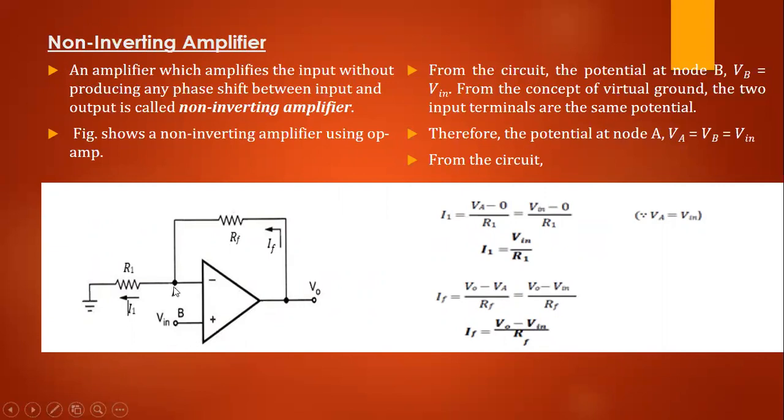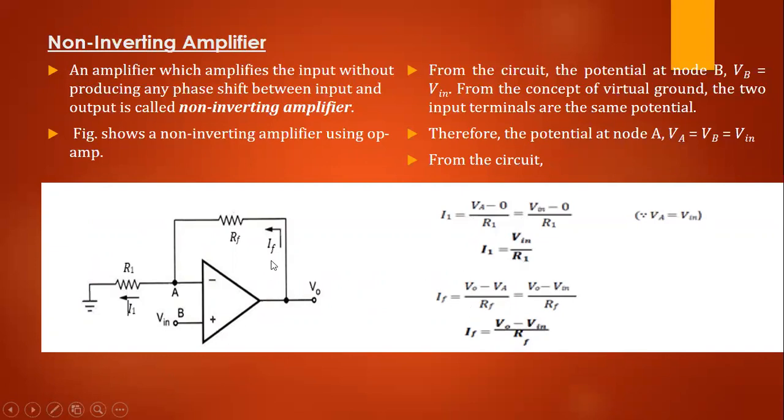Therefore, VA, the potential at node A, is equal to the potential at node B, that is equal to V in. Right. So now from the circuit, what is I1? I1 is equal to VA minus 0 divided by R1. Therefore, I1 is equal to V in by R1.